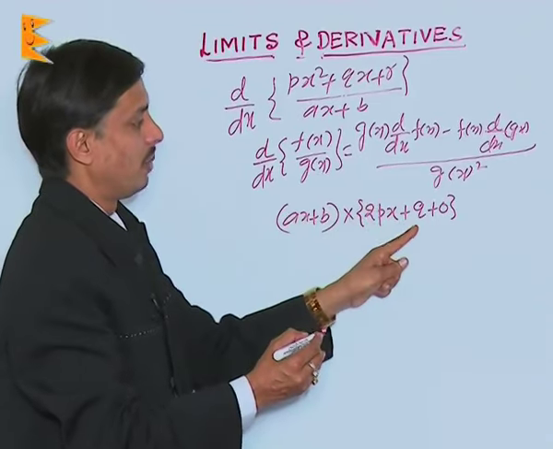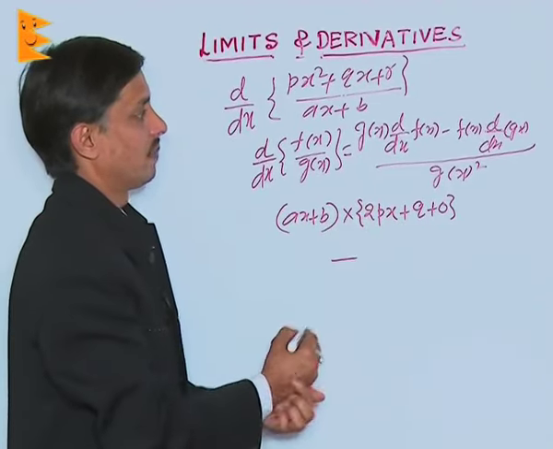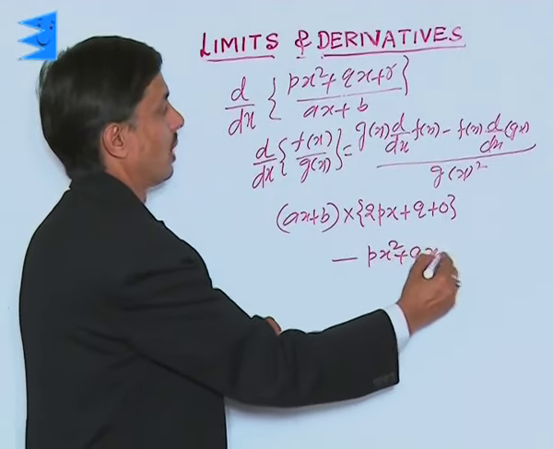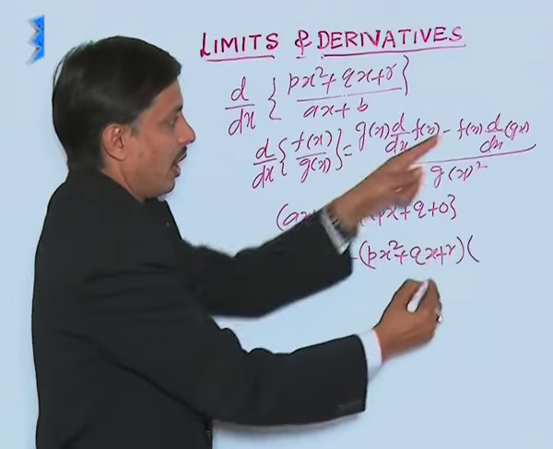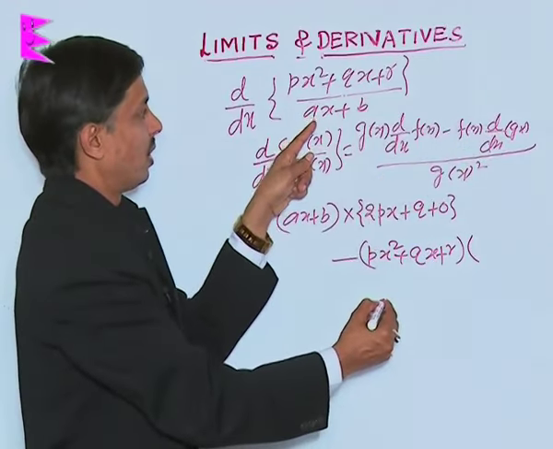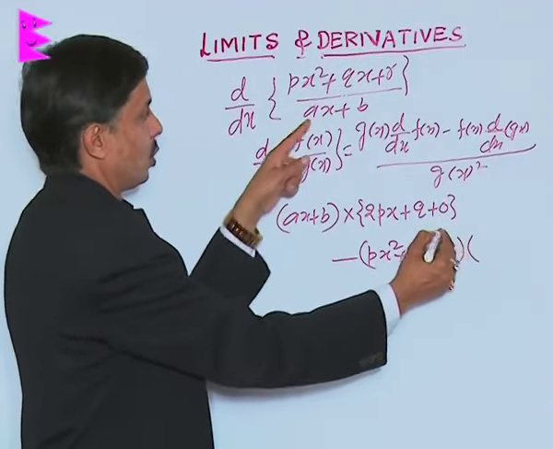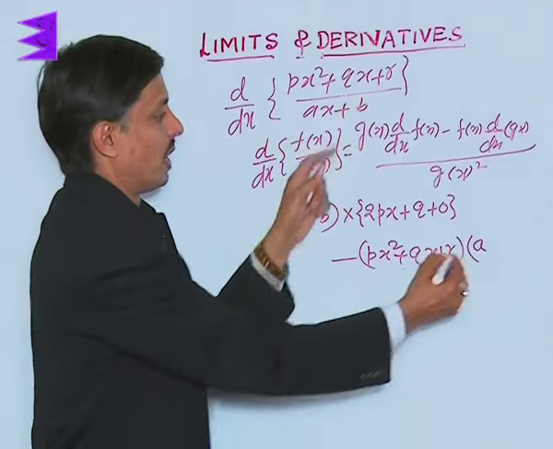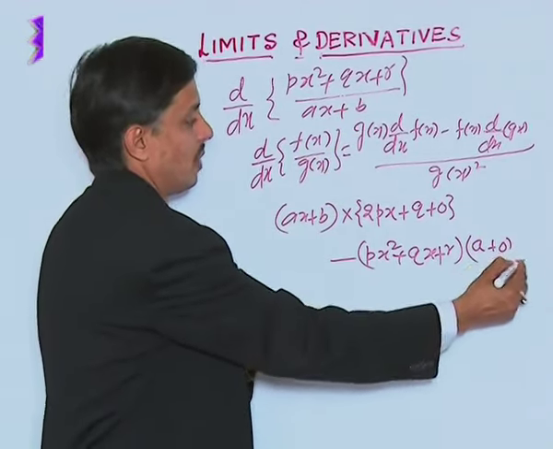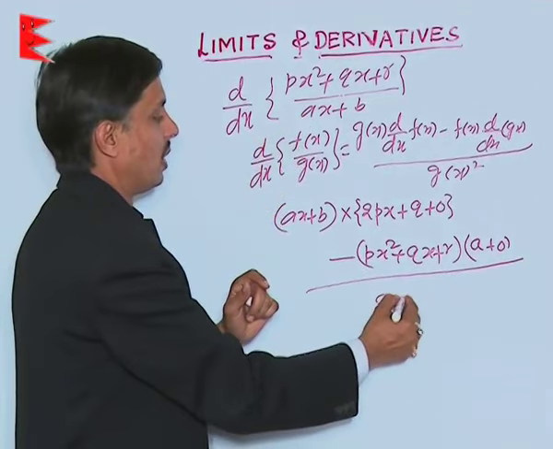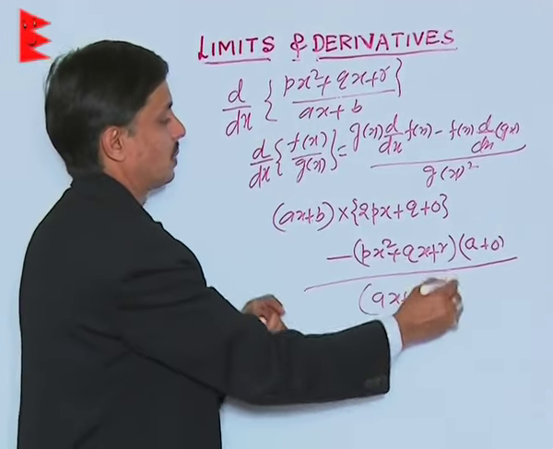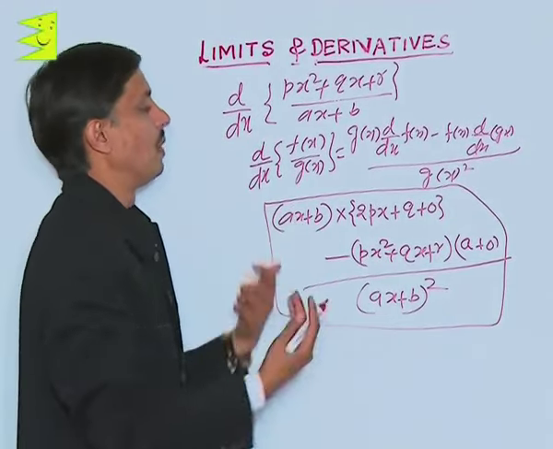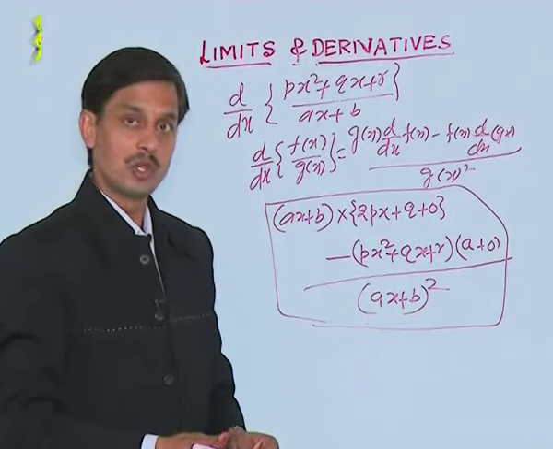Denominator into derivative of numerator, minus numerator as it is, that is px square plus qx plus r, into derivative of denominator. The denominator is ax plus b, so the derivative of ax is a, because the derivative of x is 1, plus the derivative of b is 0, divided by denominator's whole square, that is ax plus b whole square. So this is the required answer. We can further simplify it to bring it into the simplest form.